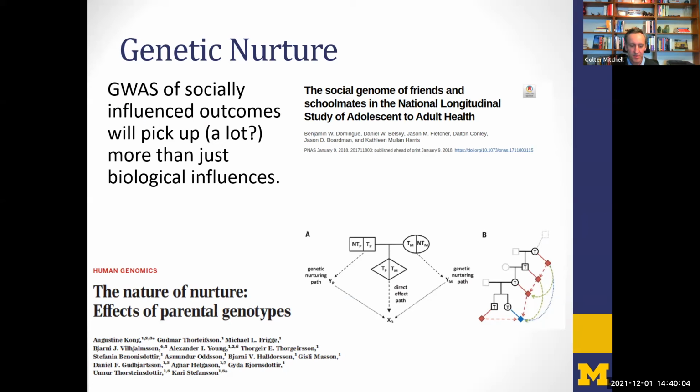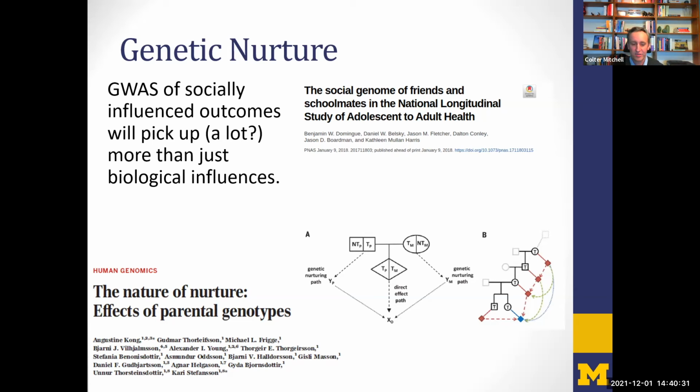But this first paper by August Kong, The Nature of Nurture, the Effect of Parental Genotypes, looks at this. We know for sure that the genetics a parent has influence the genetics the kid has and then influences their behavior. That makes sense. But what about the genetics of the parent that they don't give to the kid? Do they still influence the environment in which the child is raised?